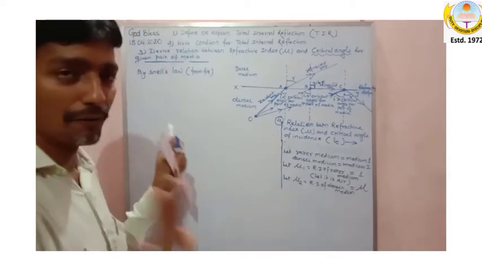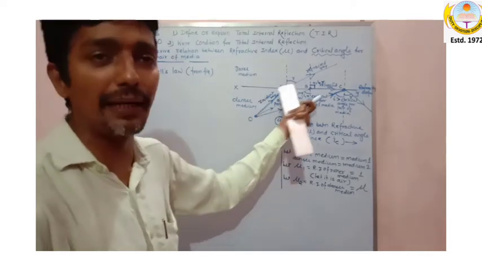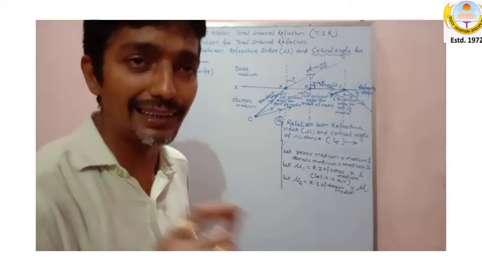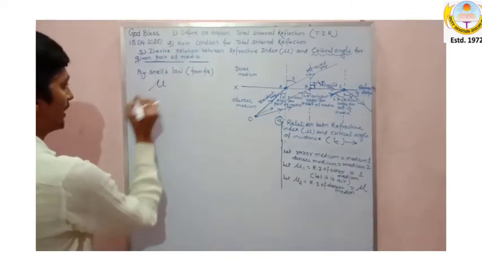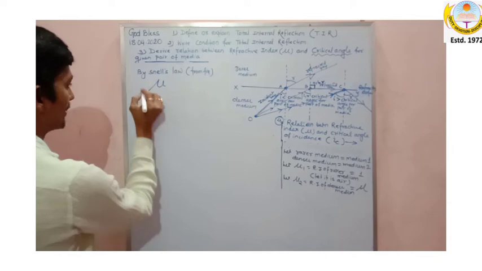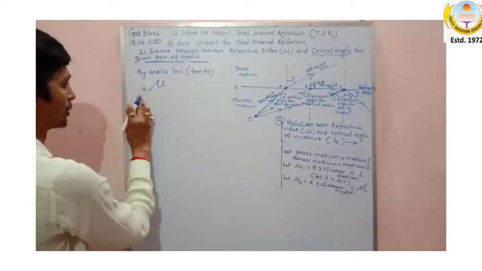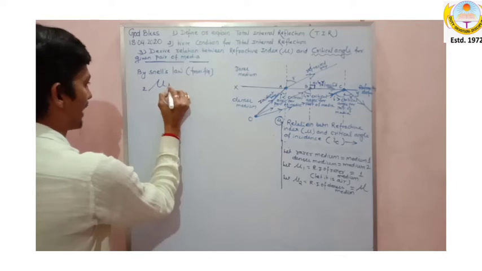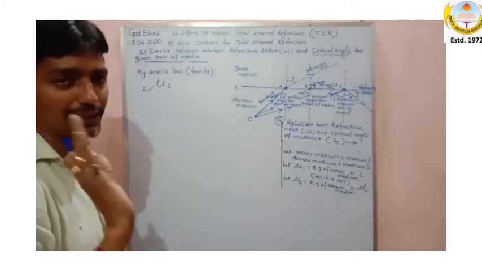Now by Snell's law, the light is going from denser medium to rarer medium. So how will we write this? The medium it goes from is written before mu, that is 2, and it is going into rarer, so it is 1 here. I hope this much is clear.